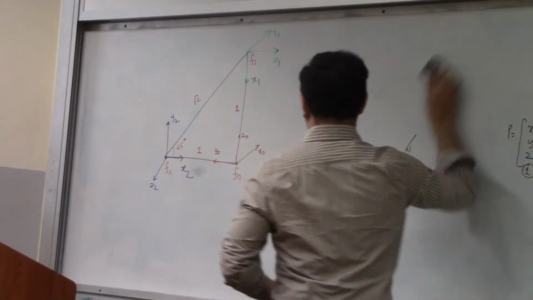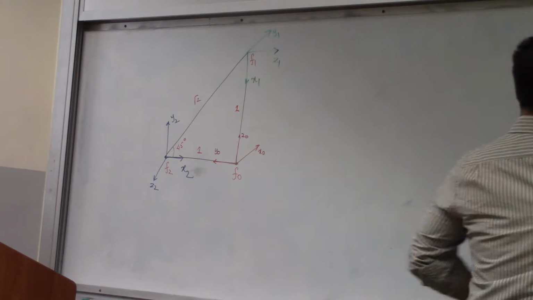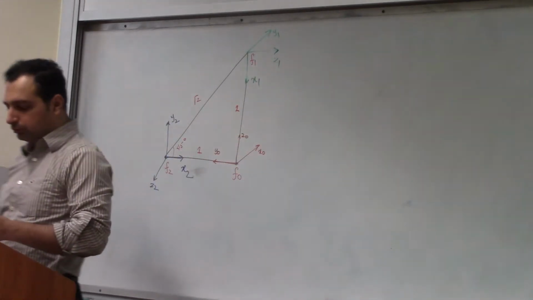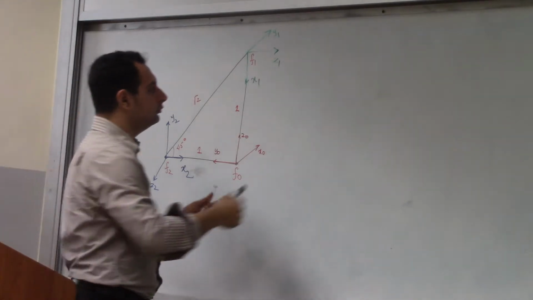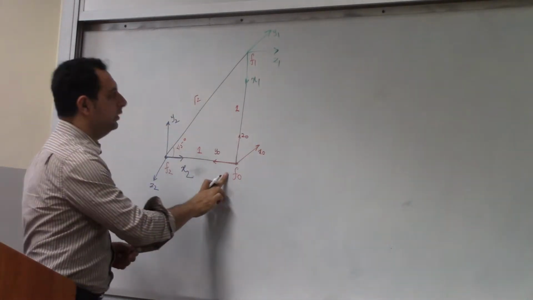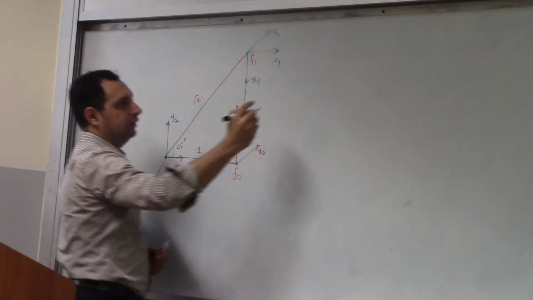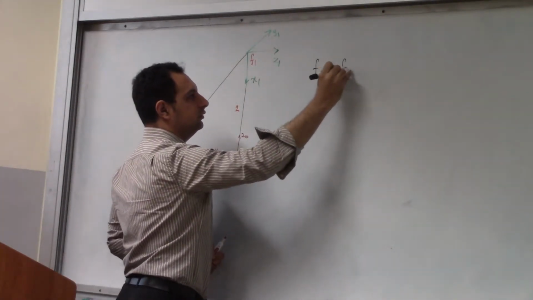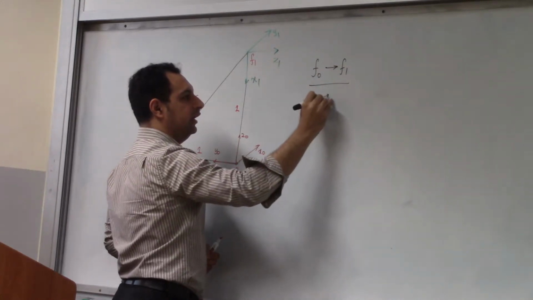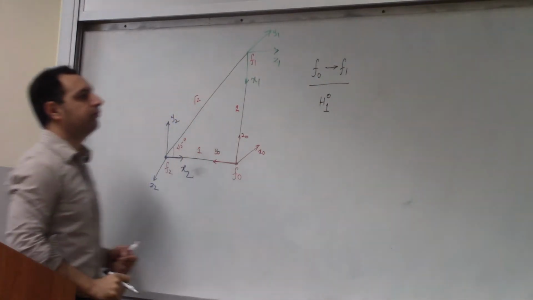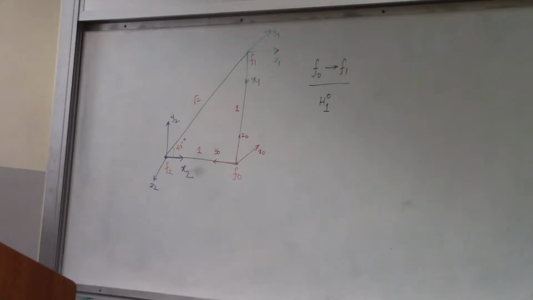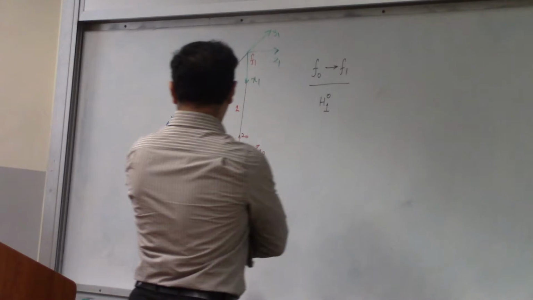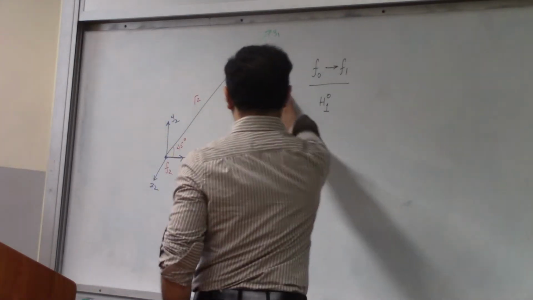We have to set up a homogeneous transform between the 3 frames. Let's start with doing a transformation from F0 to F1. This is defined by H01. Okay. So let me draw this frame first. So we want to end up with this one, right?